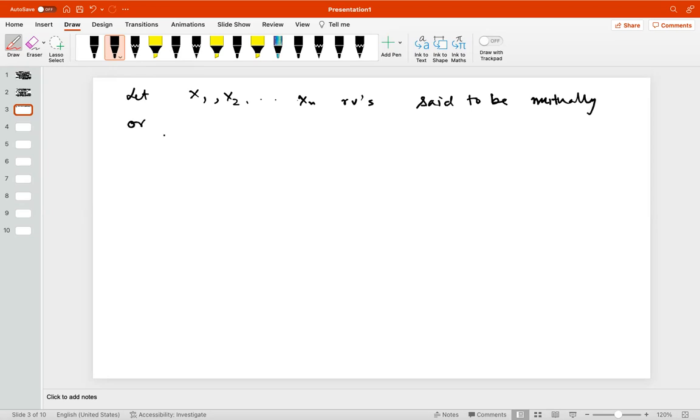One is called pairwise and the other is called mutually. Pairwise means X1 with X2, X1 with X3, X1 with Xn, X2 with X3, Xi with Xj, i not equal to j. For mutually it is different. Mutually implies pairwise, but pairwise does not imply mutually, like for events: pairwise independent events and mutually independent events are different.